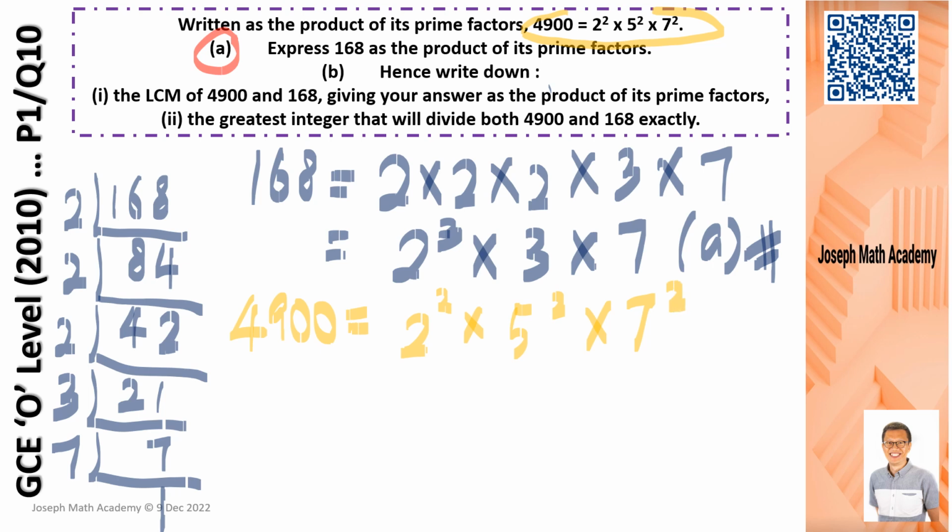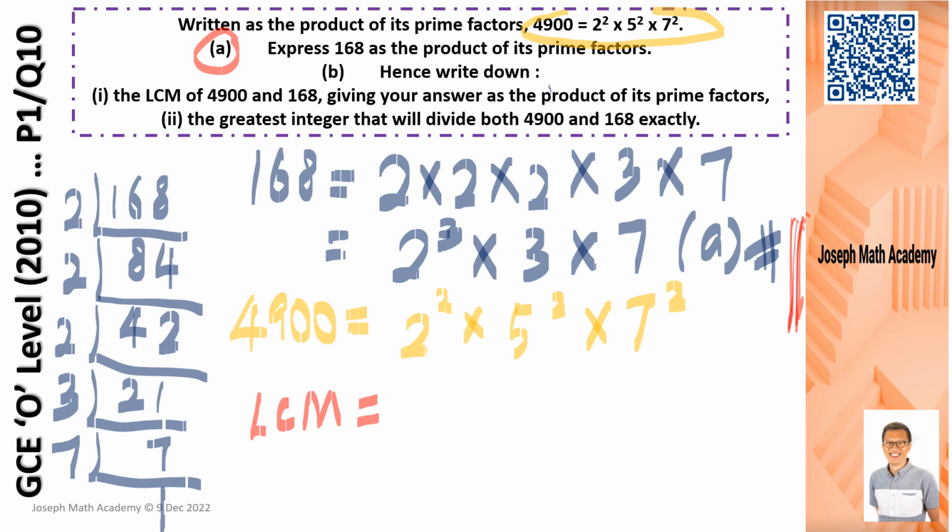To find the LCM, let me change the color. To find the LCM of 168 and 4,900, what we need to do is compare these two lists.